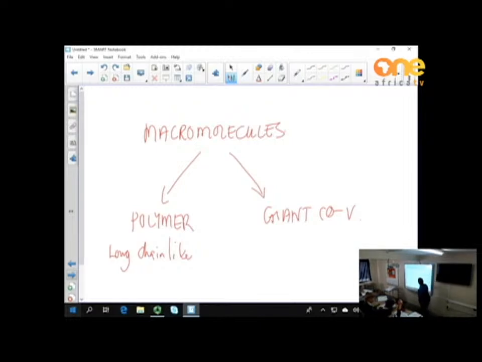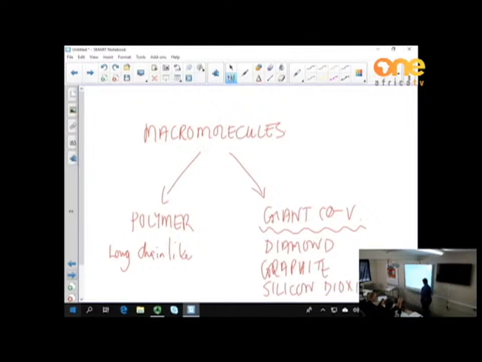The giant covalent structures, the examples we do are diamonds, graphite, and silicon dioxide. And each of them has its own unique structure.